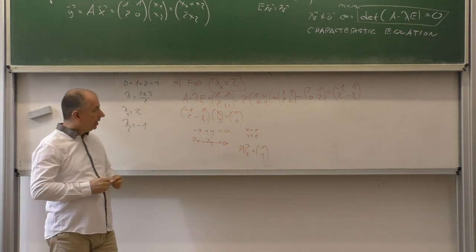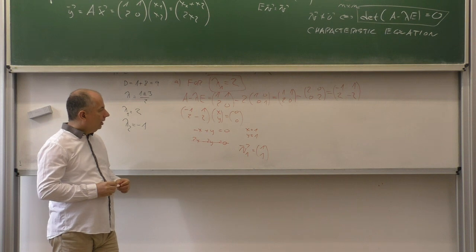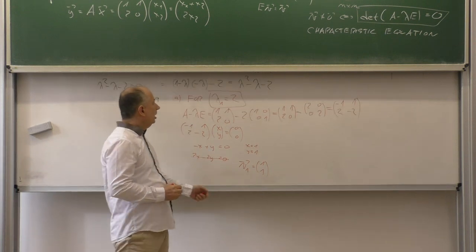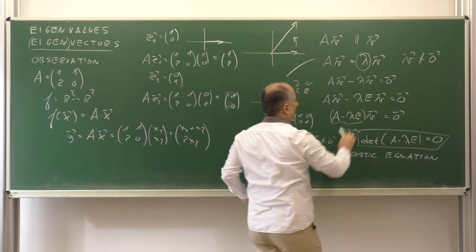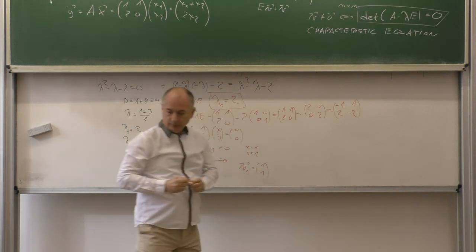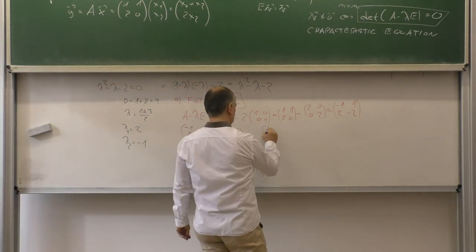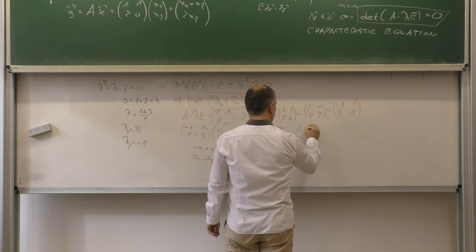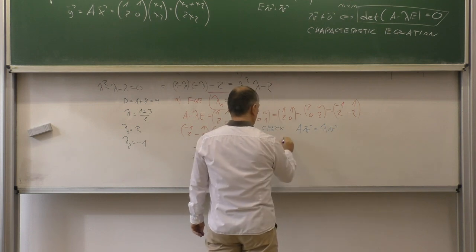And now we do the same with the second eigenvalue. Before we continue, it's a good idea to check whether this is okay. And we can check this by using this line, Av is lambda v. So let's check this. We want to verify that Av is indeed lambda v. So on the left, we have Av.